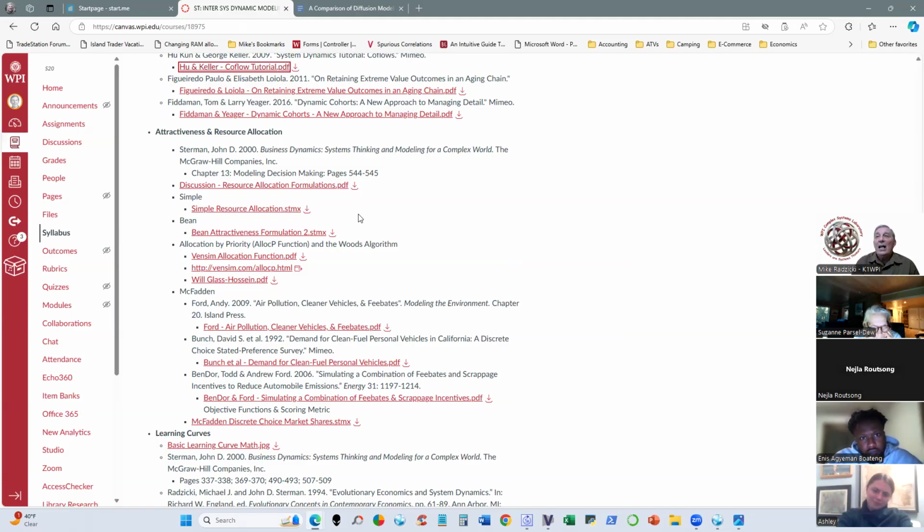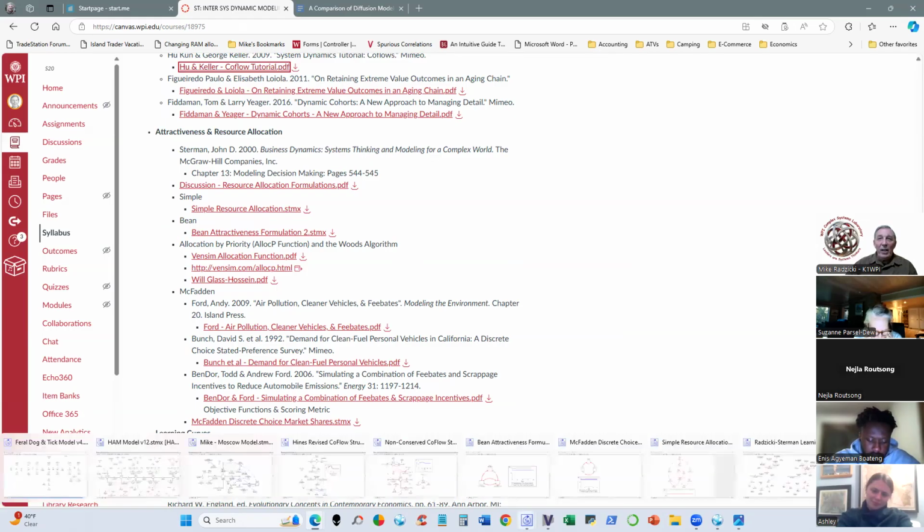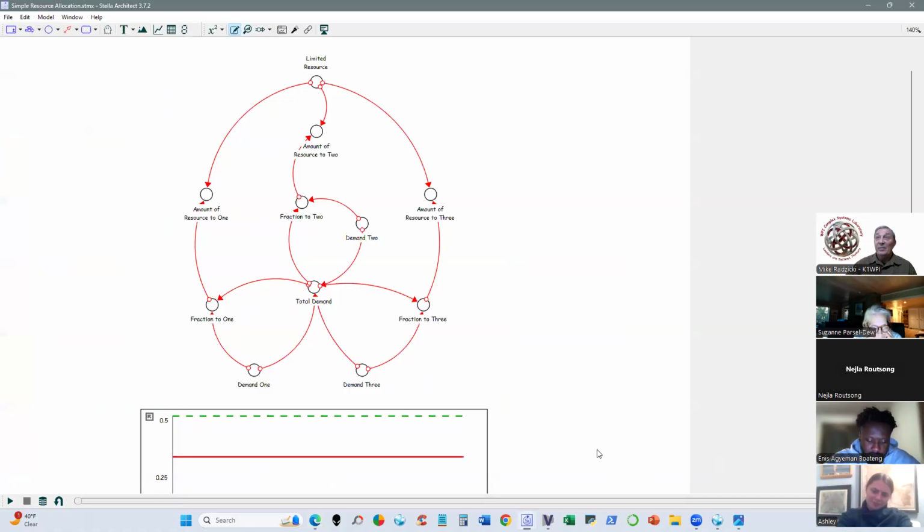So these concepts are related to one another. Okay. So how about simple? What's kind of the simplest way to do it? And by the way, simplest does not mean bad. It can be used in many, many circumstances.